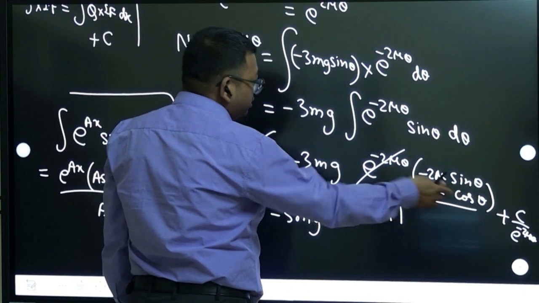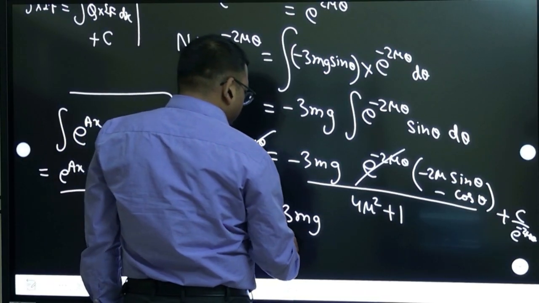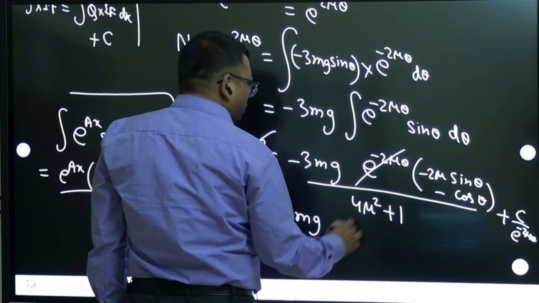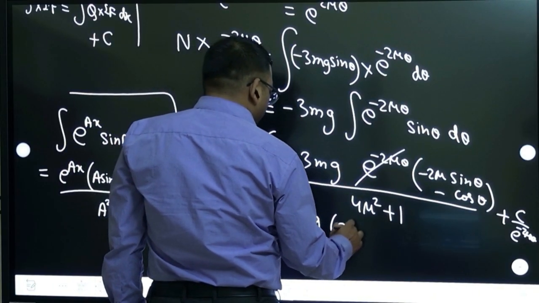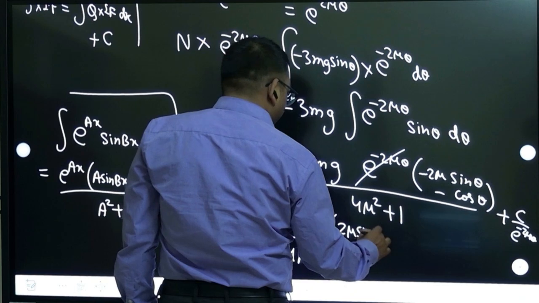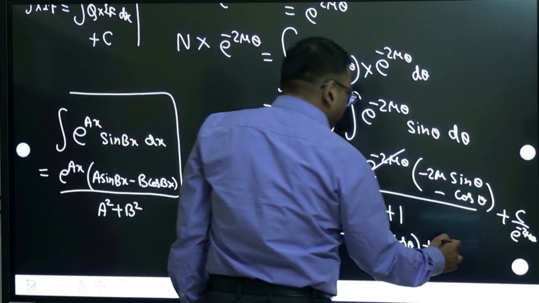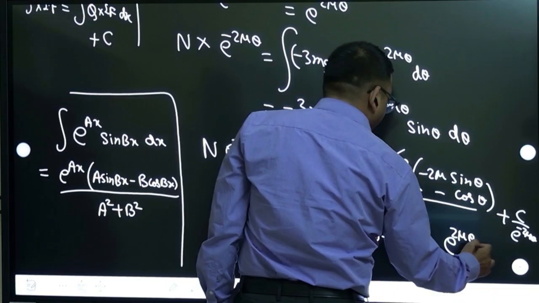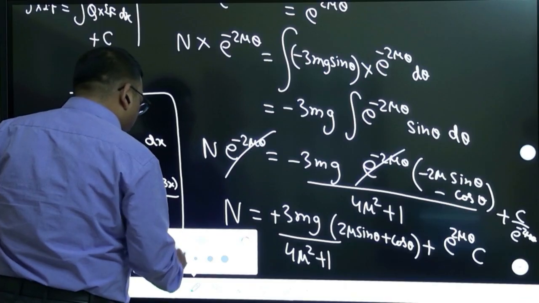So I have put the constant c and divided by e to the power minus 2 mu theta. So this has become 4 mu square plus 1, and the minus minus becomes plus because I have taken the minus common. So 2 mu sine theta plus cos theta, plus the constant c e to the power 2 mu theta. Okay, so this is what we have got for normal.